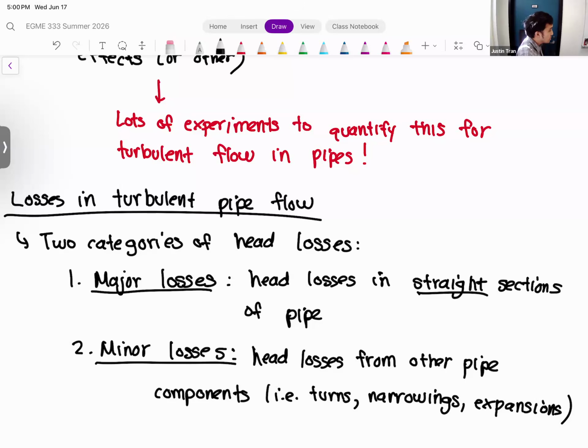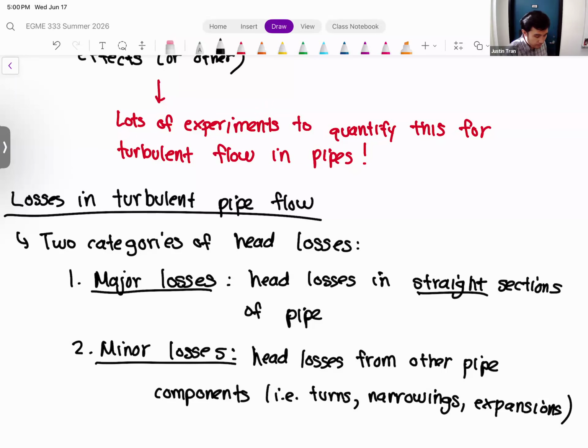Right, so things like turns, narrowings, expansions, maybe you have a flow that's splitting into two different pipes, all of those will incur things like these minor losses. Okay, because it takes extra energy to go through those types of pipe components.